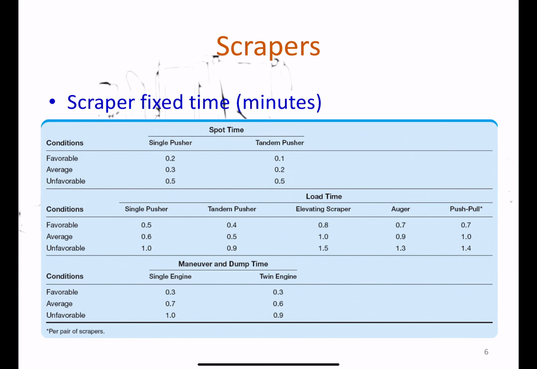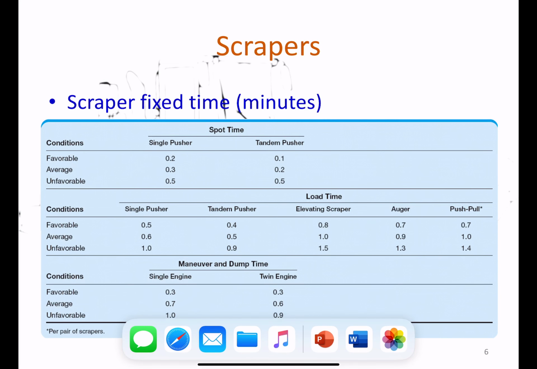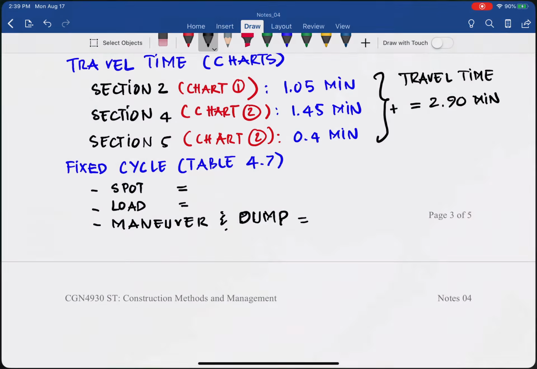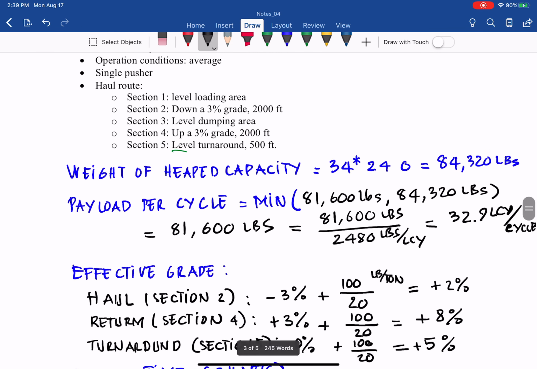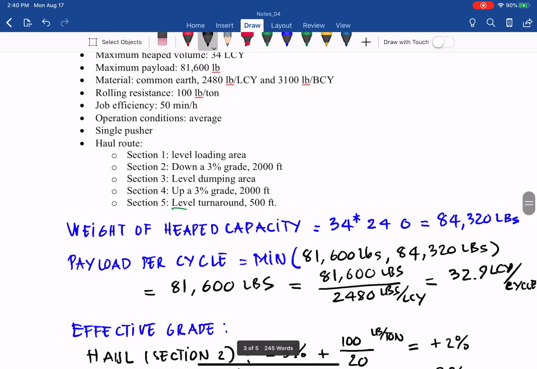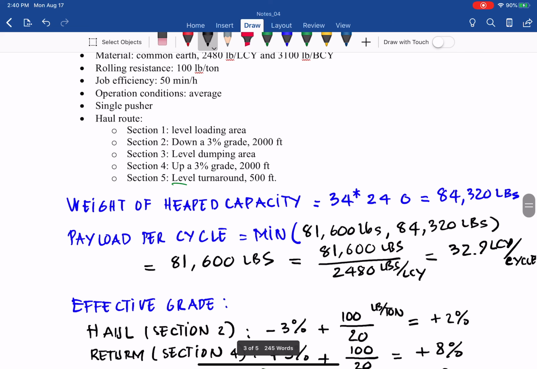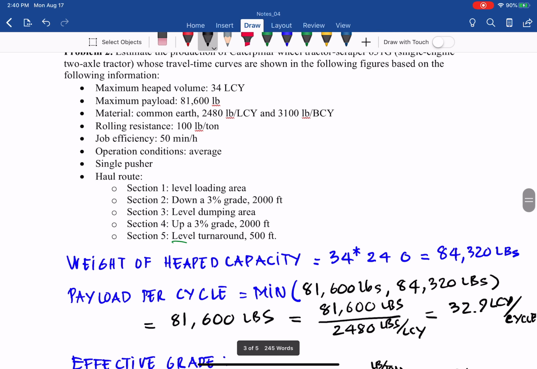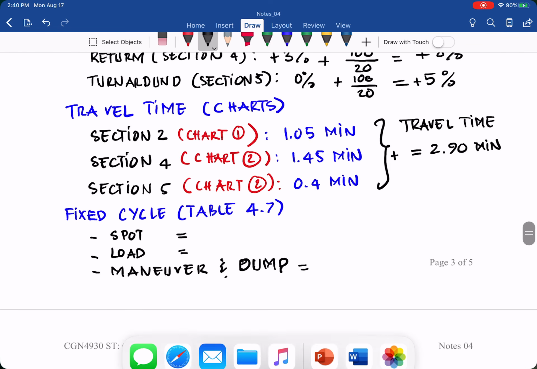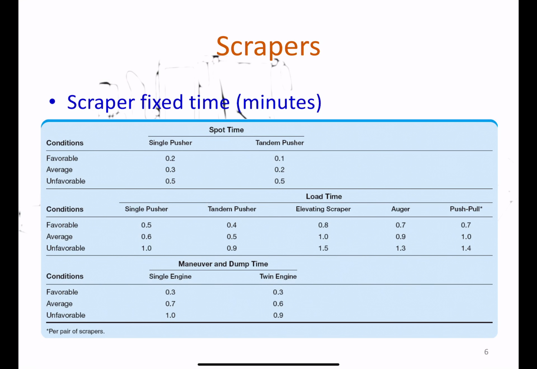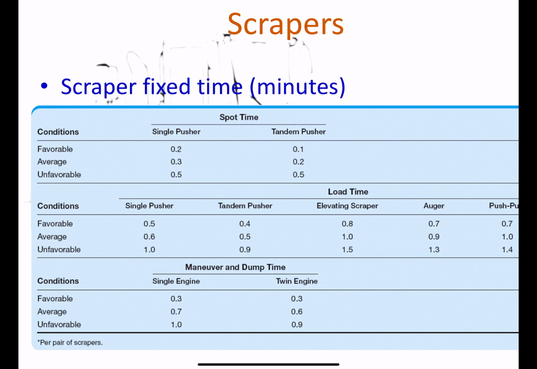Let's go to that, GC 7. And what is the operation condition? Go back here. If you recall, the operation condition is average, material common earth. So all of that we can apply here. From that we have spot, average, and single pusher: 0.3 minutes for the spot.